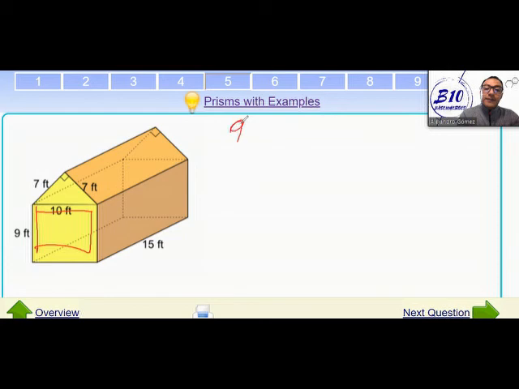And it says 9 times 10, right? 9 times 10, so we can tell it is 90. 90 what? 90 square feet.